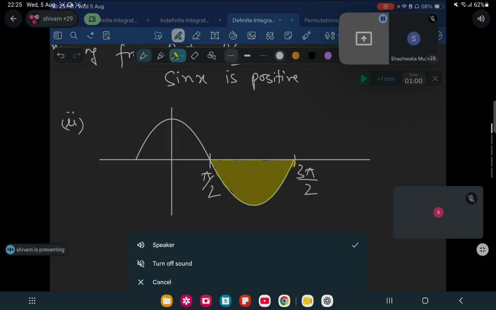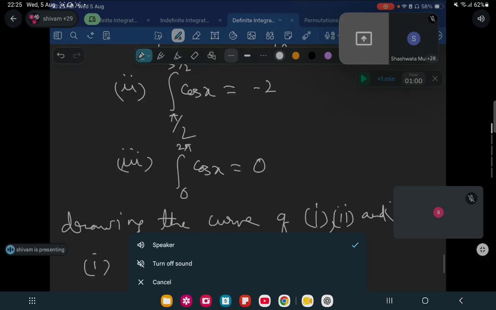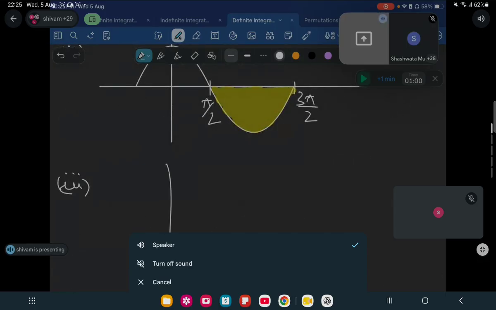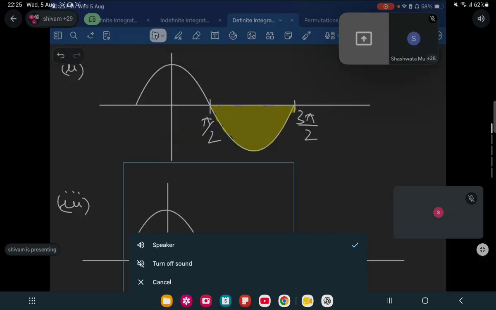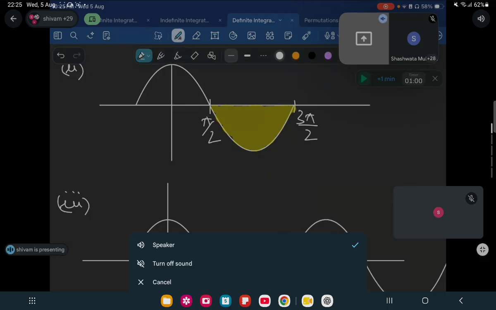Next, part 3. Let us draw the curve of cos x from 0 to 2 pi. This is 0, this is pi by 2, this is pi, this is 3 pi by 2, and this is 2 pi.